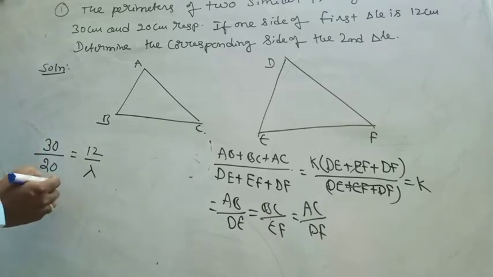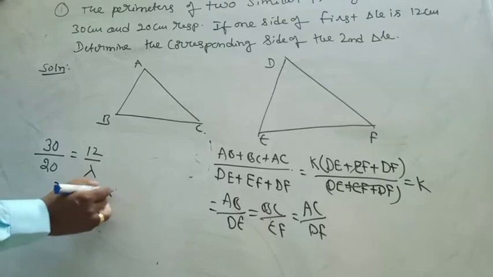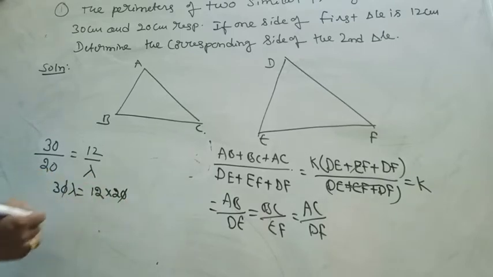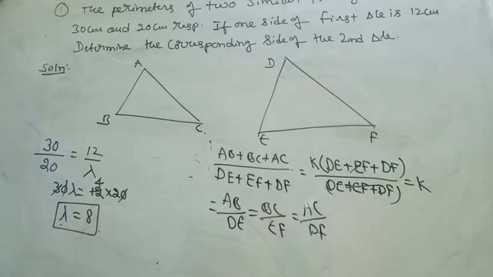From this, 30 into lambda is equal to 12 into 20. Zero cancels with zero, 3 ones are 3, so 3 fours. Lambda is equal to 8. Beautifully we have got 8. Therefore, the corresponding side of the second triangle is 8.